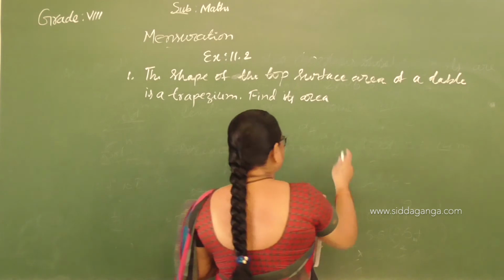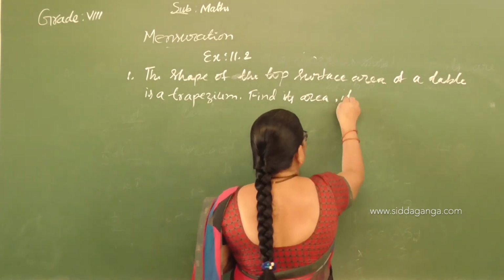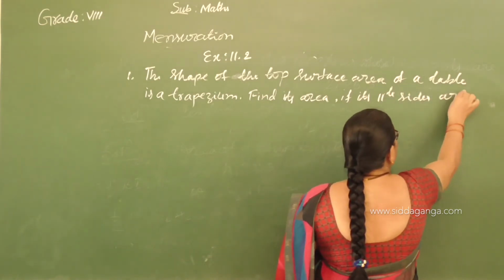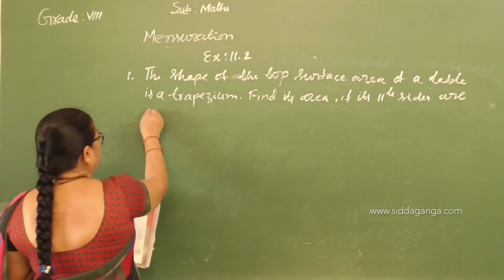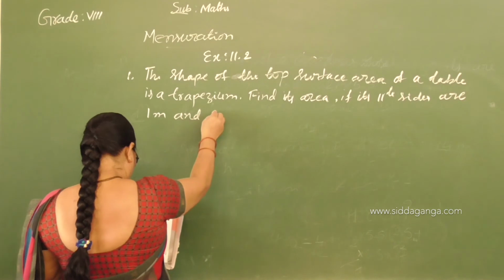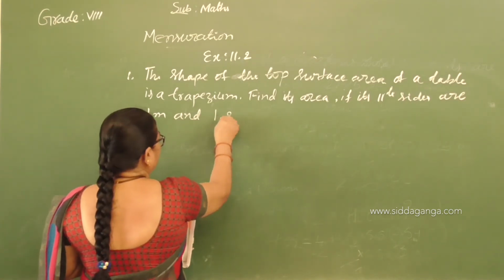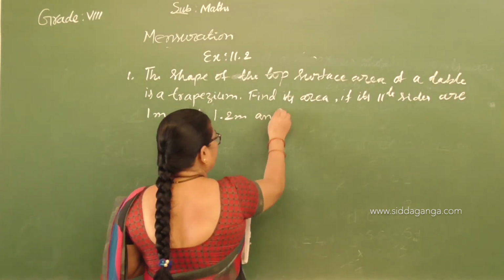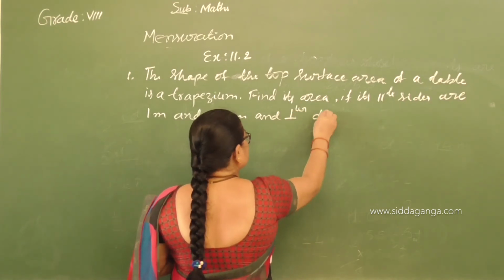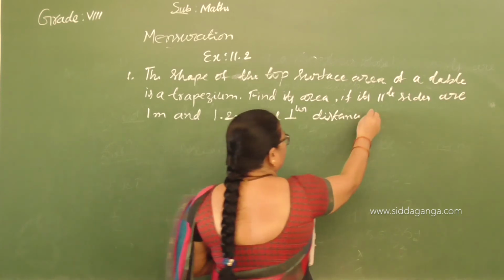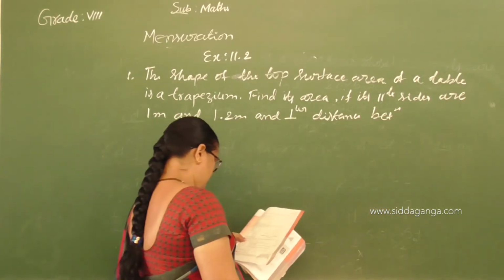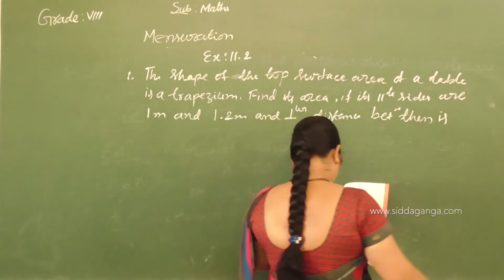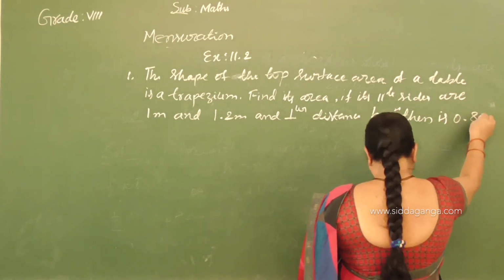If its parallel sides are 1 meter and 1.2 meter, and perpendicular distance between them is 0.8 meter.